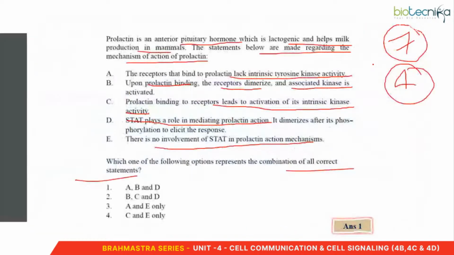Right? So what happens in this case is that you have a ligand which goes and binds to the receptor. Receptor is not having the intrinsic kinase activity. So they will be taking the help of soluble cytosolic tyrosine kinase.